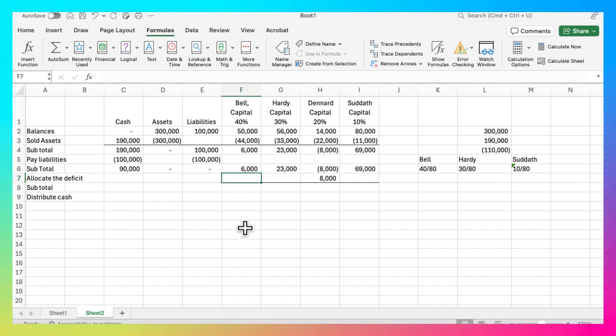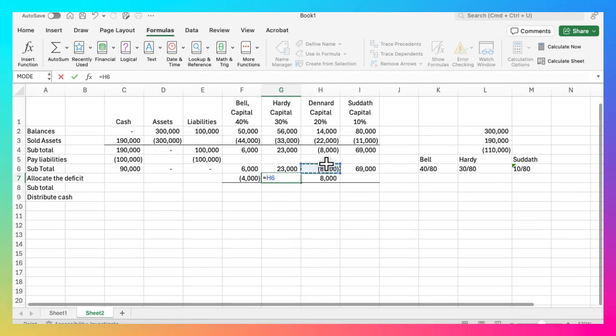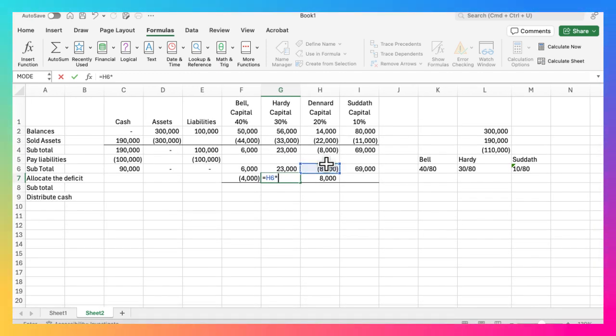So now I'm going to go ahead and allocate that deficit. This negative $8,000 is going to get allocated 50% to Bell. Why 50%? Because it's 40 over 80. For Hardy, Hardy gets 3/8 of the deficit. Let's just do 30 over 80.